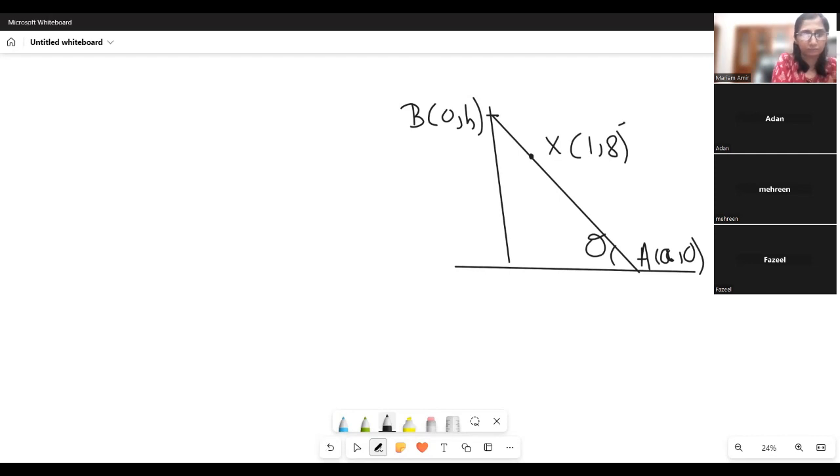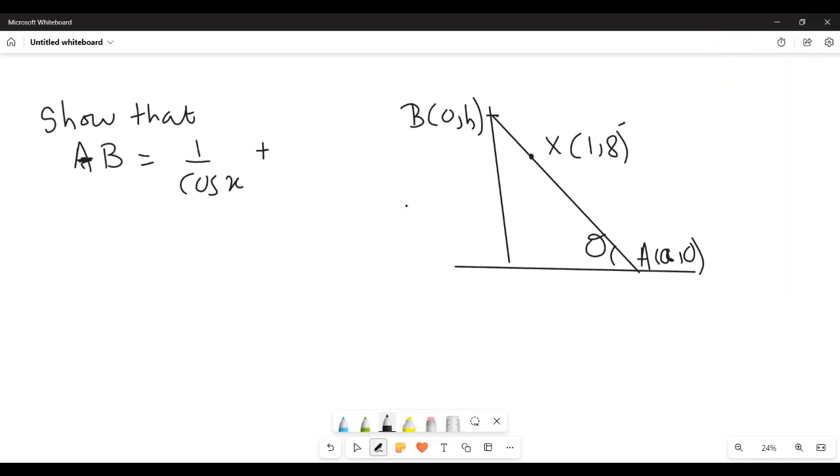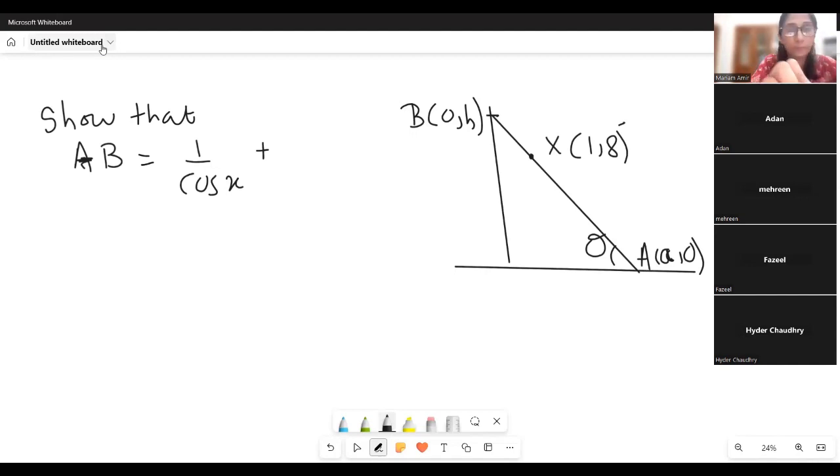Show that AB equals 1 over cos theta plus 8 over sine theta. So it's not x, it's theta.